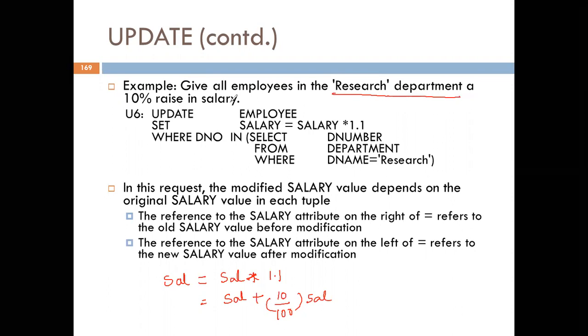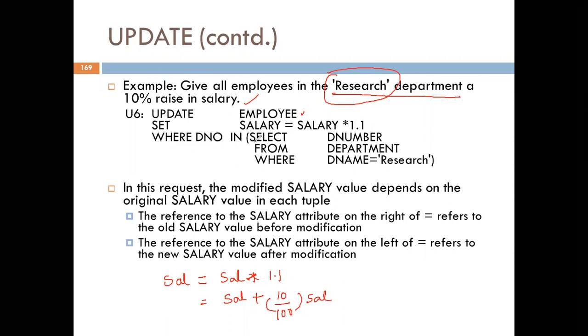So update employee, set salary is equal to salary star 1.1, that is salary multiplied with 1.1, where the condition is department number. In the employee table, there is no department name. Here in our question, the department name is given, not the department number.